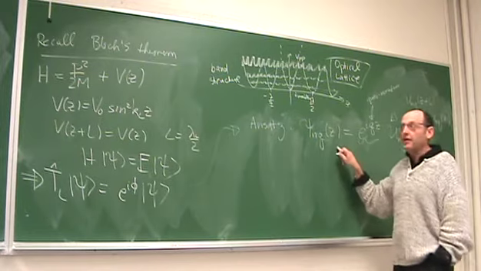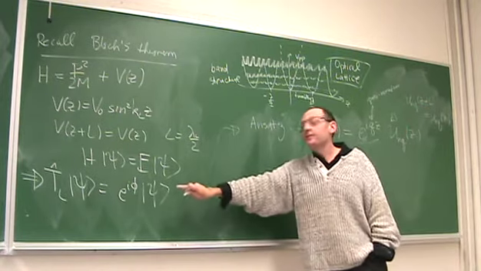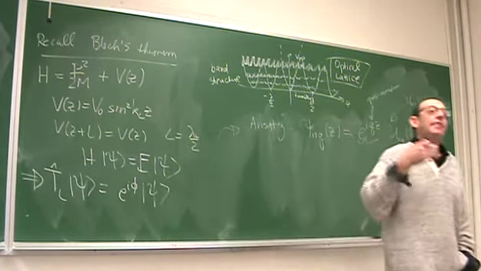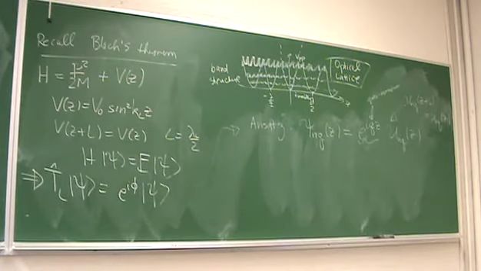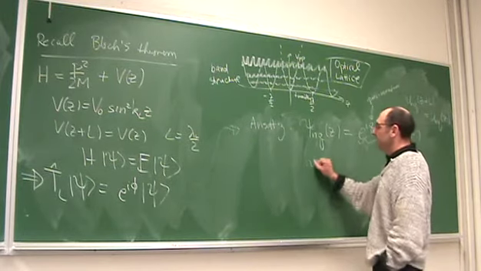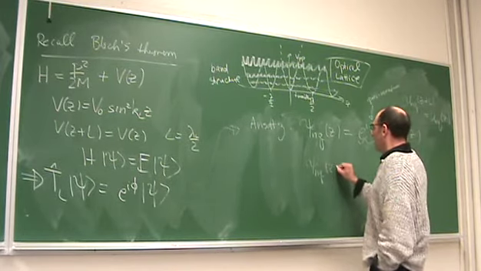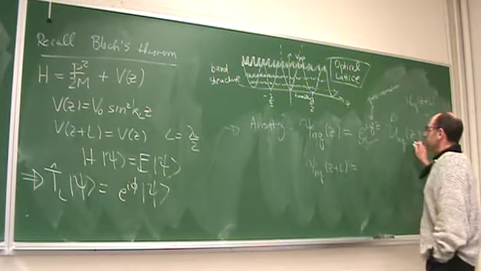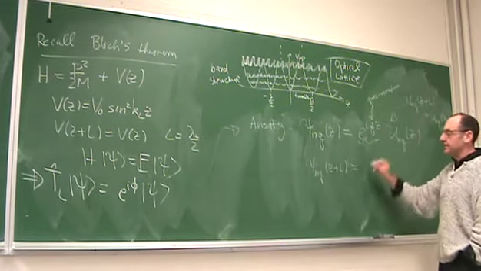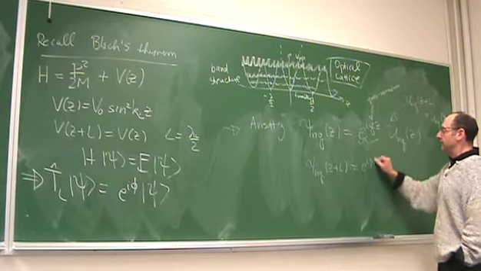So this function satisfies the criterion that the wave function can only change by a phase under translation. Because if I translate this function by one period, this stays the same, but this shifts by a phase.